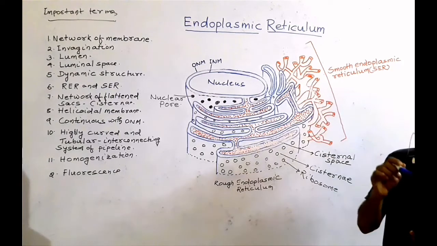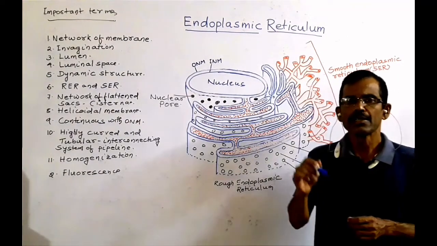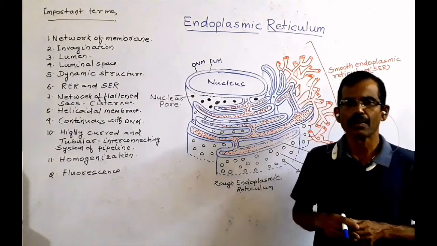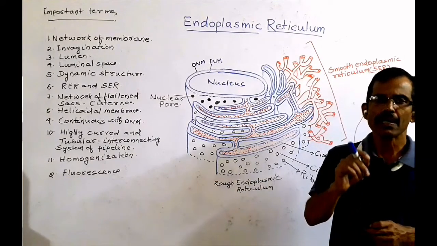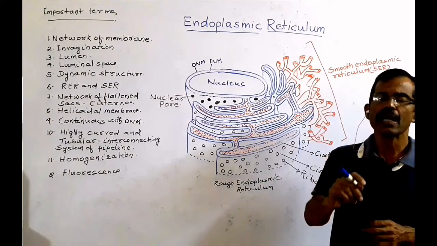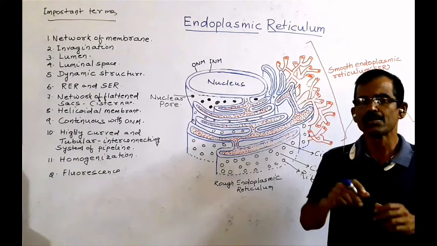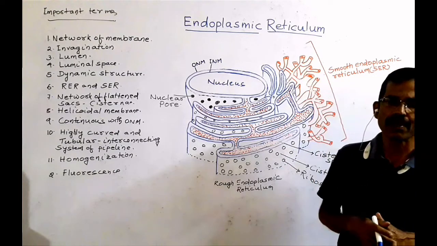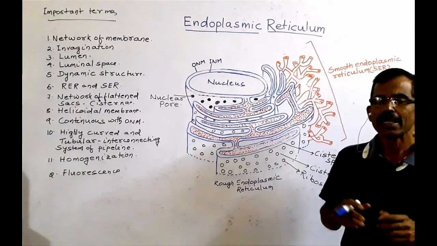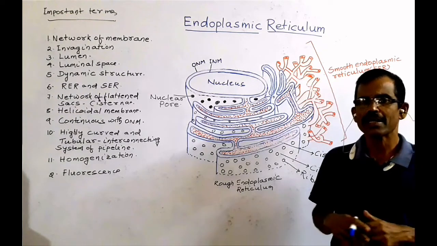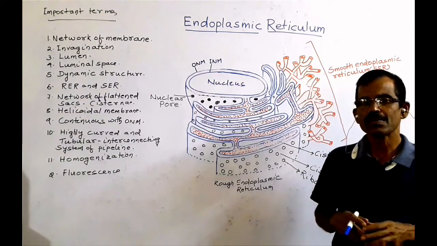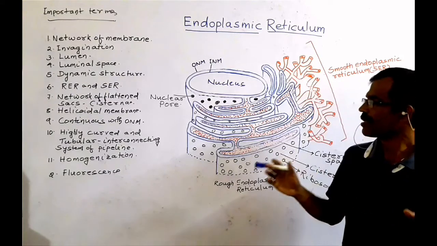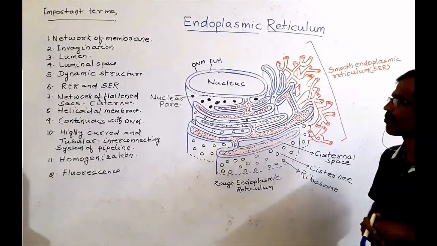They are rough endoplasmic reticulum and smooth endoplasmic reticulum. Rough endoplasmic reticulum is defined by the presence of ribosomes, which are bound to its cytosolic surface. Whereas, in case of smooth endoplasmic reticulum, ribosomes are absent on its cytosolic surface.